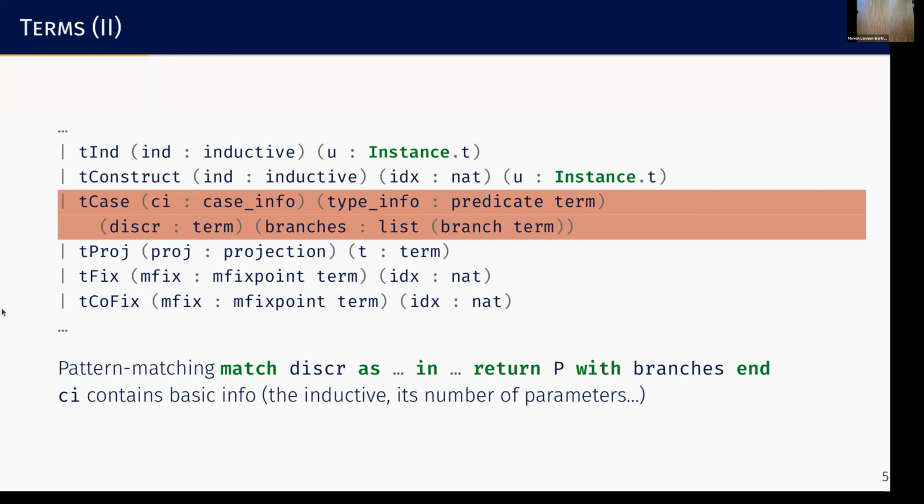You have this thing that contains all the information from the return clause, so the thing that tells what type the whole pattern matching should have. And this thing is binding a bunch of information from the type and the discriminee, which is also like a context in here that contains all these binders. You probably won't have to touch this too much, but it contains a bunch of information about the pattern matching, like what's the inductive type at which the pattern matching happens, some universe information as well, and so on.